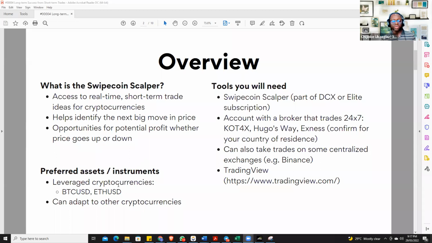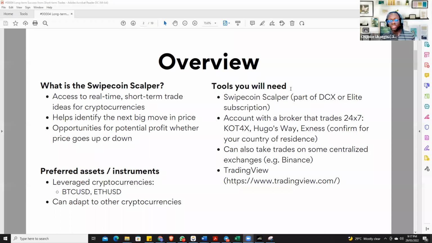Specifically, we use the Swipecoin Scalper for Bitcoin and Ethereum. But when we are looking at some of the more advanced ways of using the scalper, I'll show you how to adapt this to other cryptocurrencies beyond just Bitcoin and Ethereum.